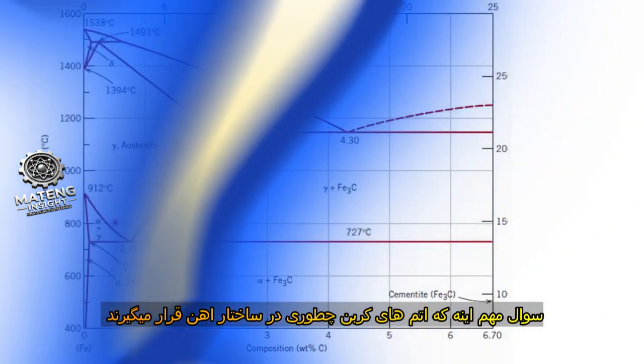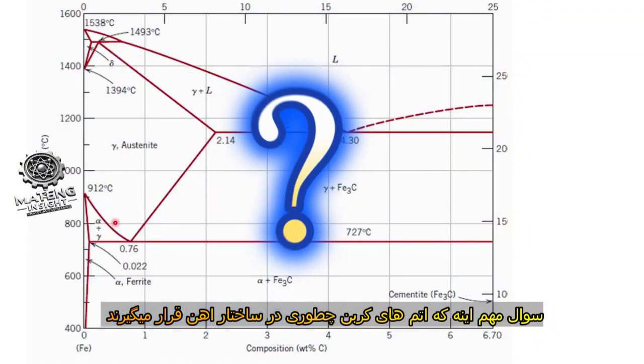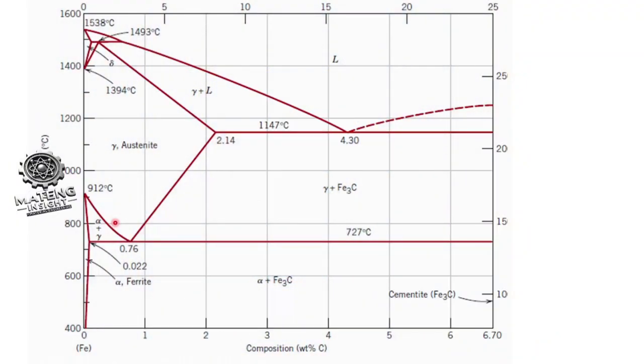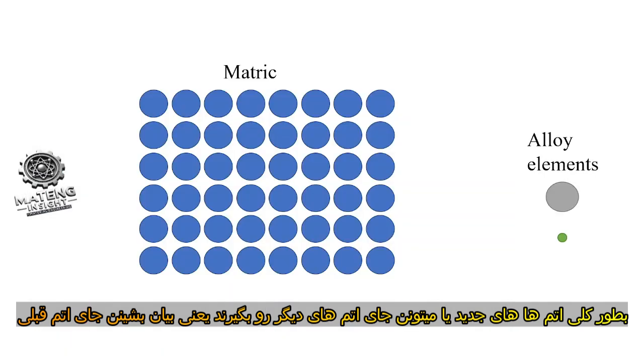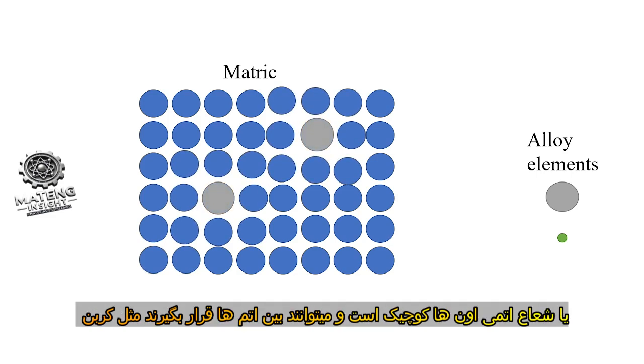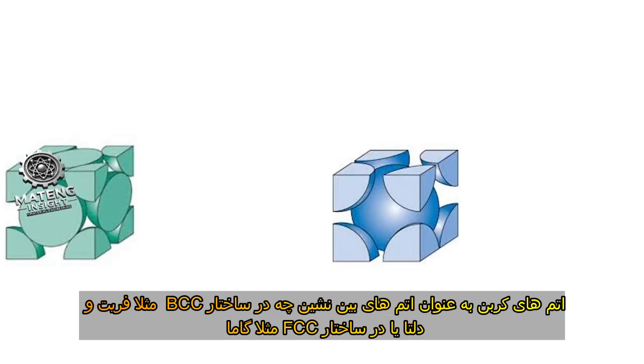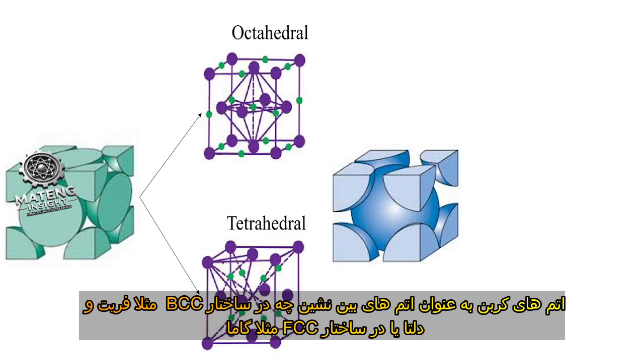The important question is how carbon atoms are placed in the structure of ferrous. In general, atoms of alloy elements can either take the place of matrix atoms or, if their atomic radius is small, can be placed between matrix atoms, like carbon, either in the BCC structure such as ferrite or delta ferrous, or in FCC structures such as austenite.